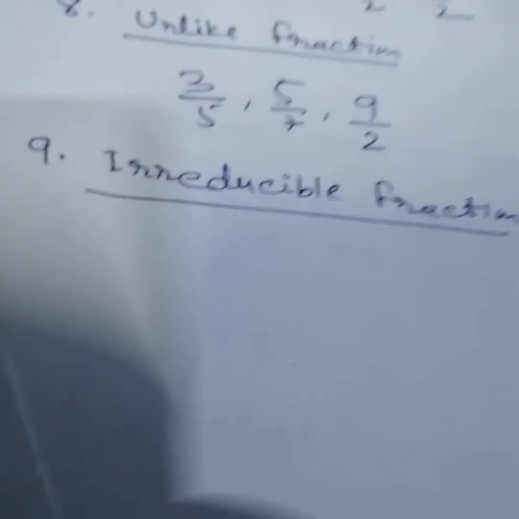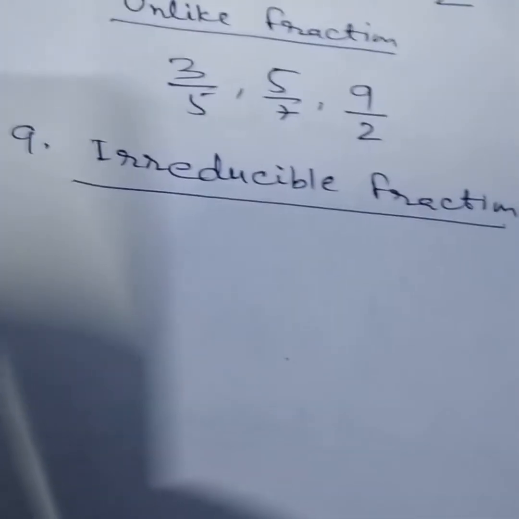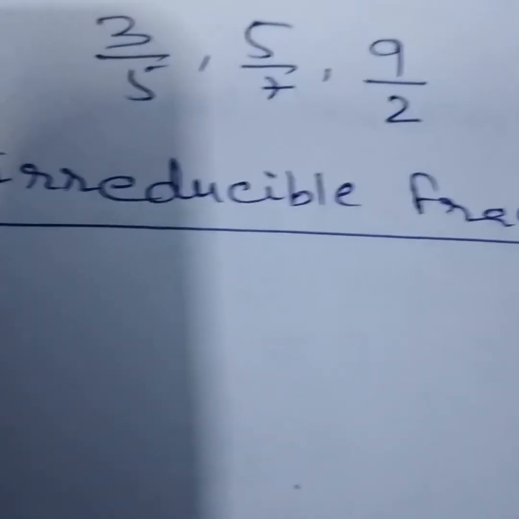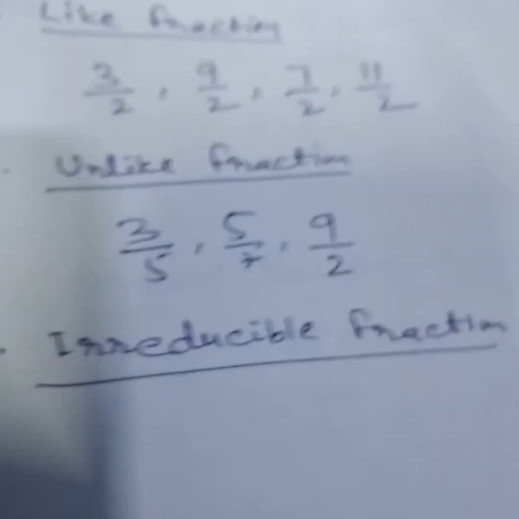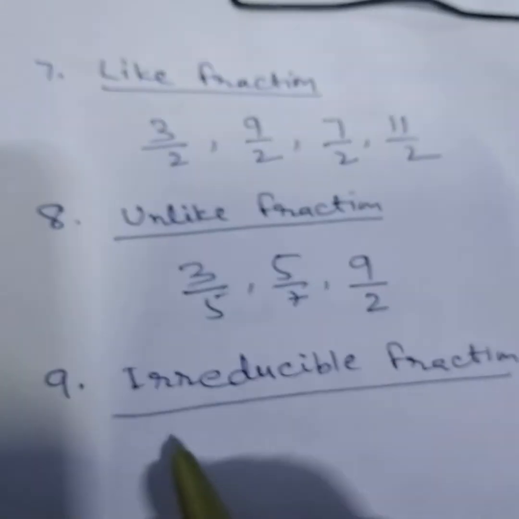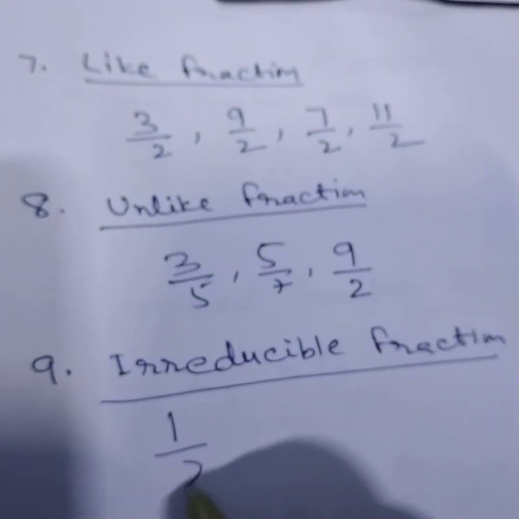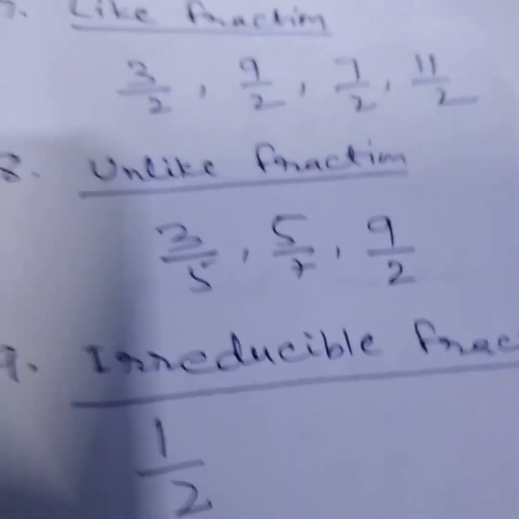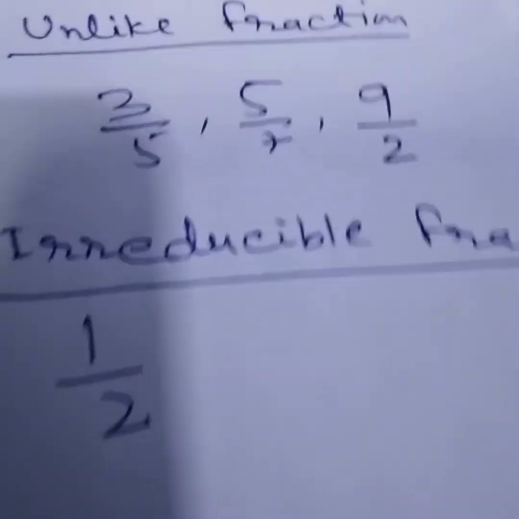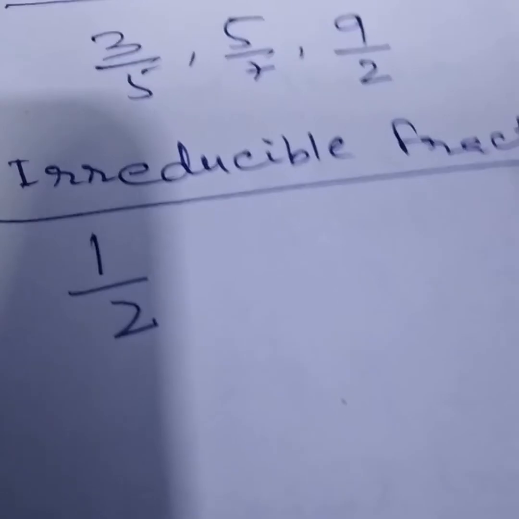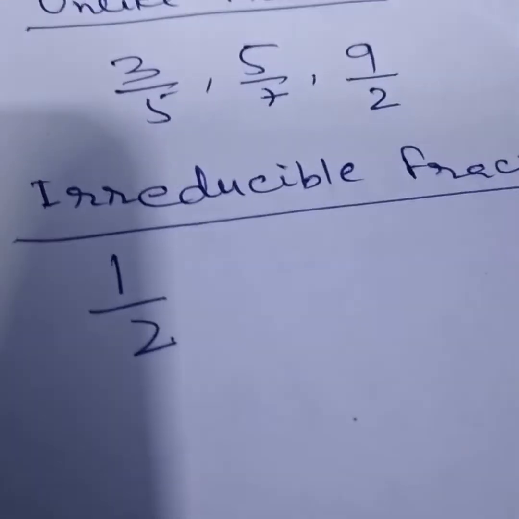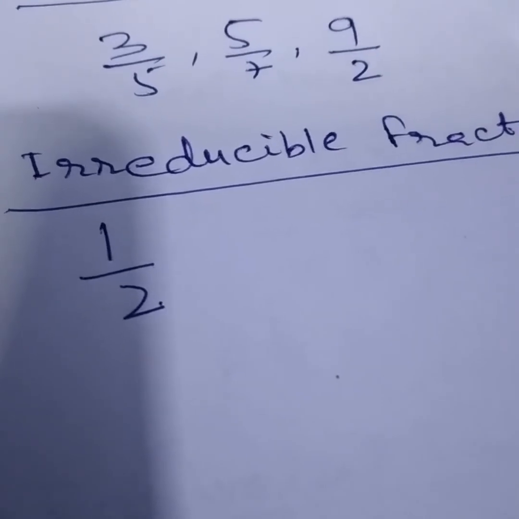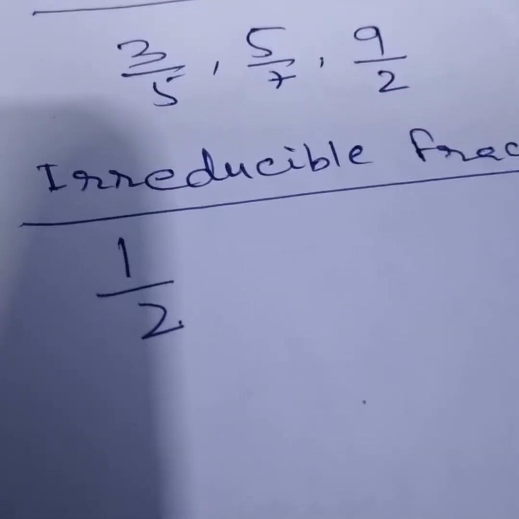One more type of fraction we have, irreducible fraction. Children, suppose I write here 1 upon 2. 1 upon 2 is already reduced, means we can't reduce 1 upon 2, there is no common factor between 1 and 2.